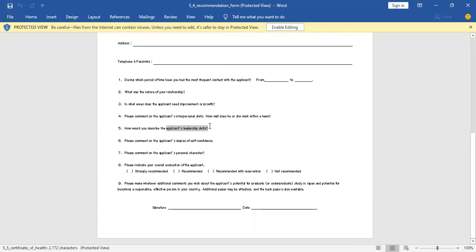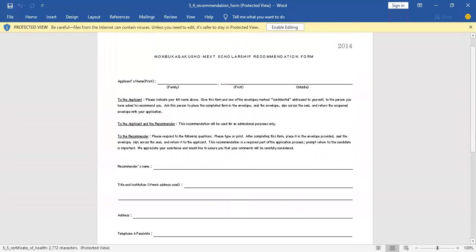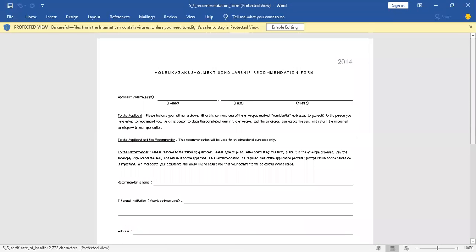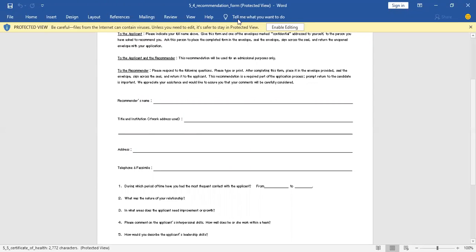Of course, the leadership, self-skills, or self-confidence, and personal character. Would you recommend this person or not, type of work, is he clever or not. So it's the type of questions that the manager or professor at the university is required to fill in that form. They need 2 recommendation letters.